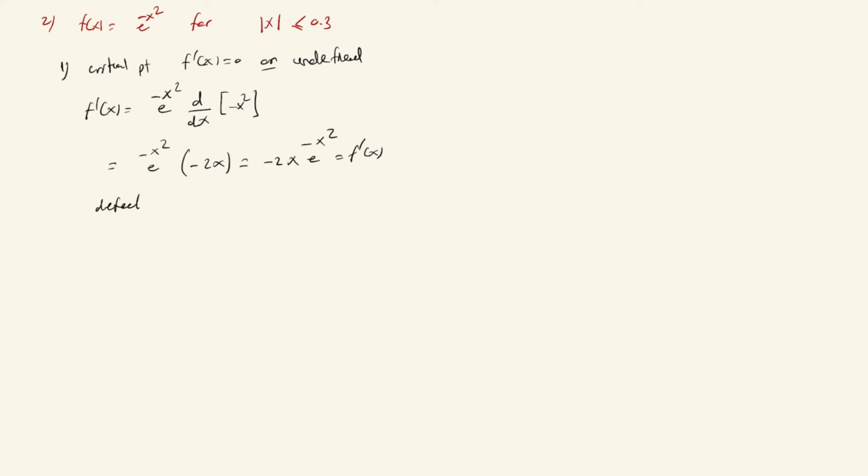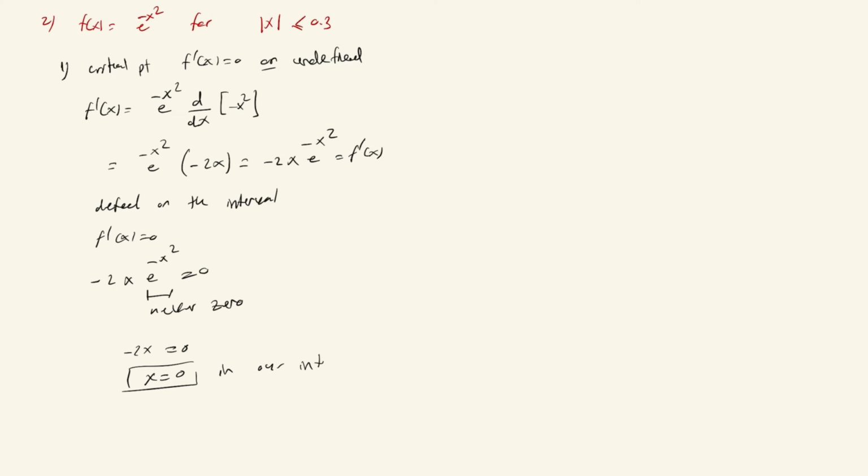Notice where the first derivative is undefined. It is actually defined on all real numbers, including our interval. And then where is the first derivative 0? Notice the e term is never 0, whether x is 0, positive or negative. Therefore, it is 0 only when x equal to 0.